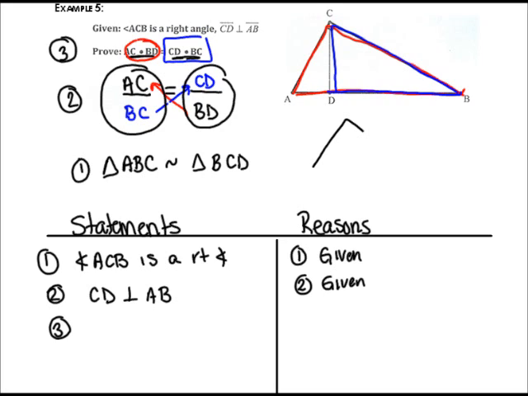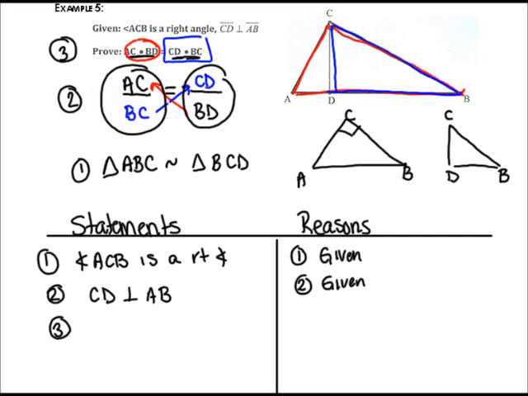So if you wanted to redraw your pictures off to the side, you can prove ACB and BCD. So we already have a right angle in ACB. Is there a way we can get a right angle in BCD?